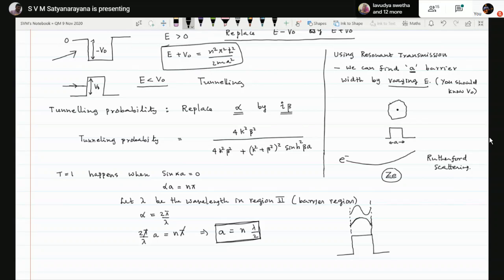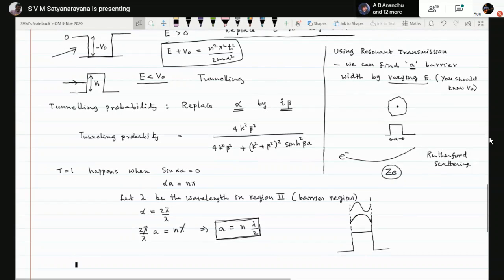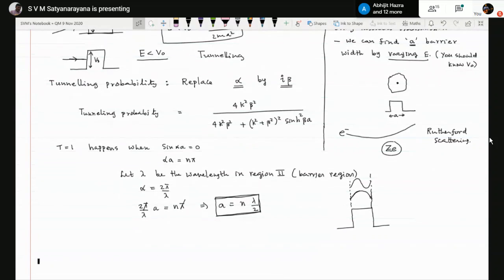That means from the bottom of this potential well, you have to see what the energies of the infinite square well are. So that is the condition for the resonant scattering. I think this is one class of problems that we have.